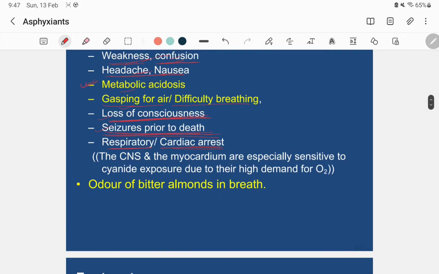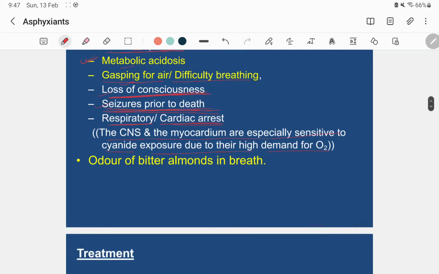The CNS and the myocardium are especially sensitive to cyanide exposure due to their high demand for oxygen. If cyanide inhibits cytochrome oxidase, it inhibits respiration, so it affects other organs too, but mainly the CNS, the brain, and the myocardium.